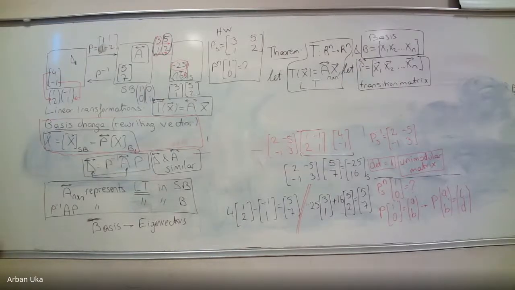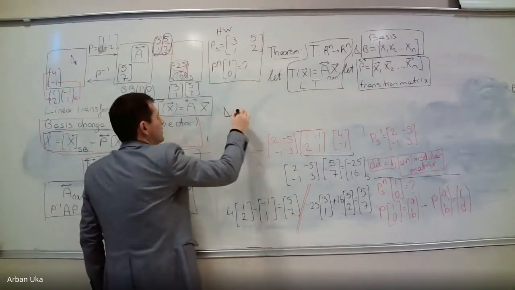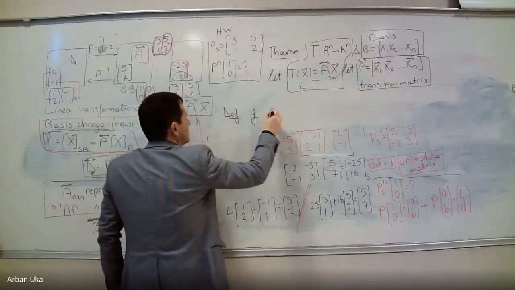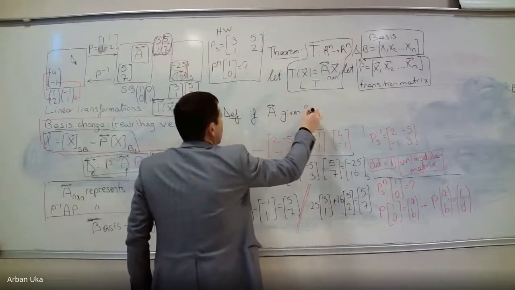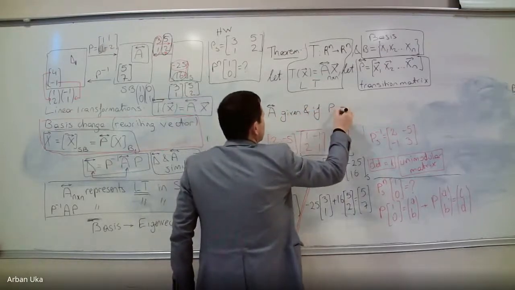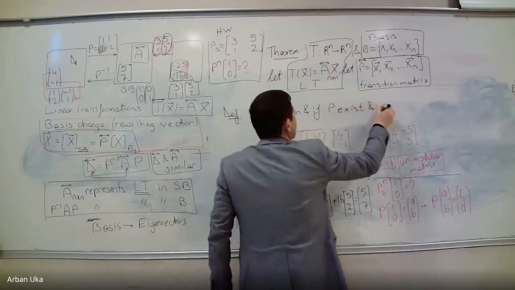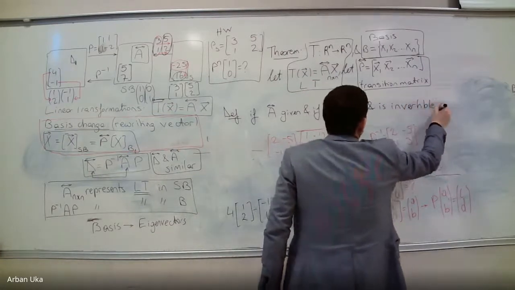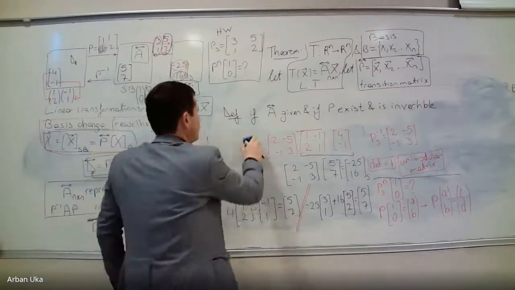And this is also a reminder with a general definition, which we can provide like this. So definition: if A is given, and if P exists and is invertible, okay, so we are given the general definition of the similarity of matrices.